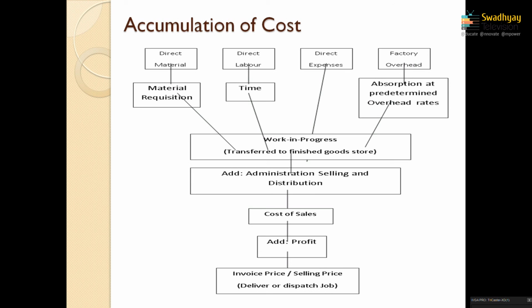Direct expenses: other than the direct material or direct labor, there may be other direct expenses which are incurred directly for the respective job work. If there are any direct expenses other than material or labor, they would be directly charged to the respective job only, and they are also a part of direct expenses.